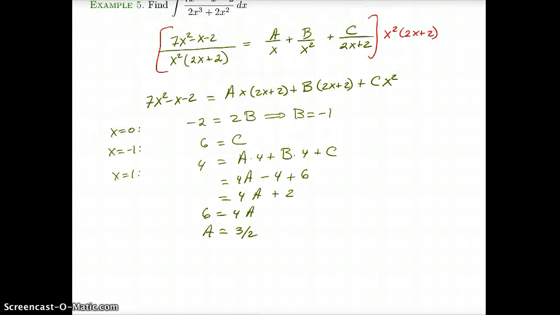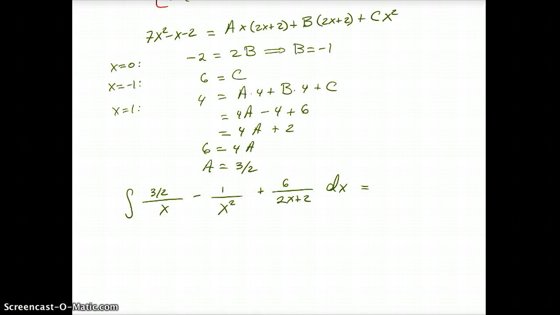So this is going to be the integral of 3/2 over x plus, no, minus 1 over x squared plus, what's c? c is 6. 6 over 2x plus 2 dx, which is 3/2 log x, and then 1 over x squared, that's an x to the minus 2, so the integral is x to the minus 1, so plus x to the minus 1, and then plus 3 log of 2x plus 2 plus c.